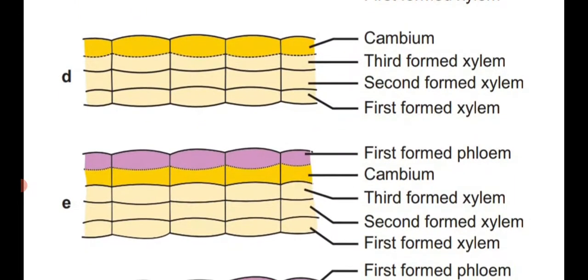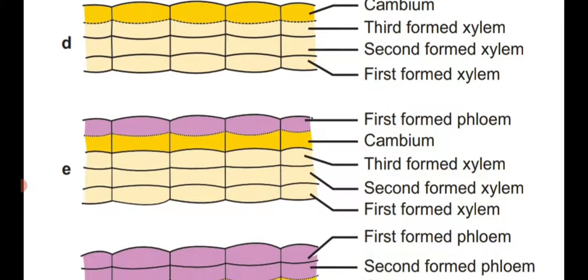Then the fourth diagram is showing the third formed xylem, which is produced above the second formed xylem. So the cambium is producing xylem components on the inner side of the cambium. First one is at the base, at the top second, then at the top there is the third formed xylem.